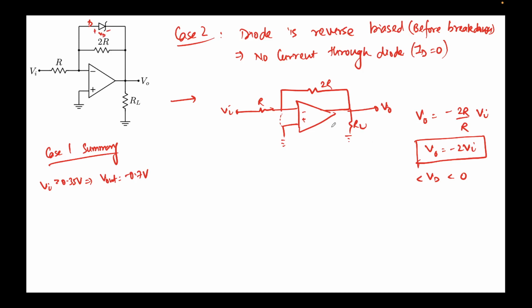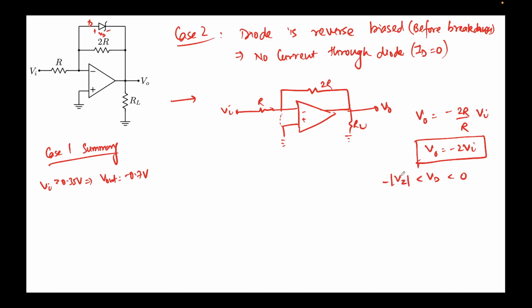Okay, but it should also be greater than the negative of VZ, where VZ is the Zener breakdown voltage for this diode. All right, so VD should be less than 0 and should be greater than the negative of the VZ.